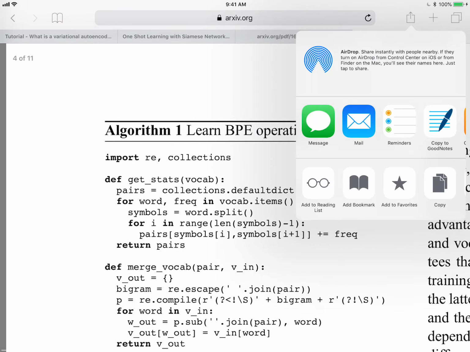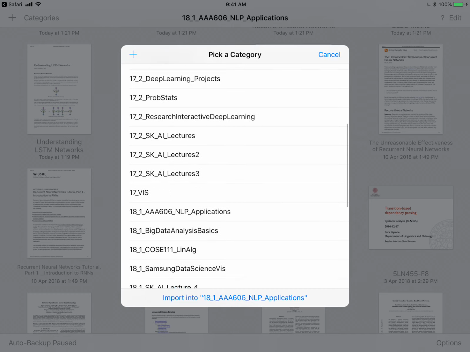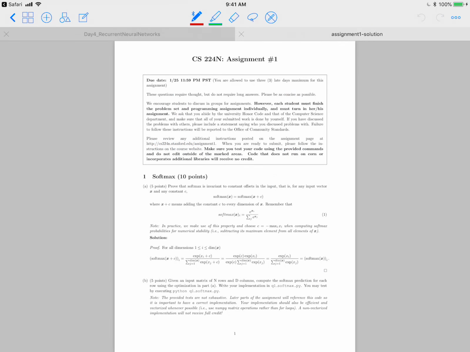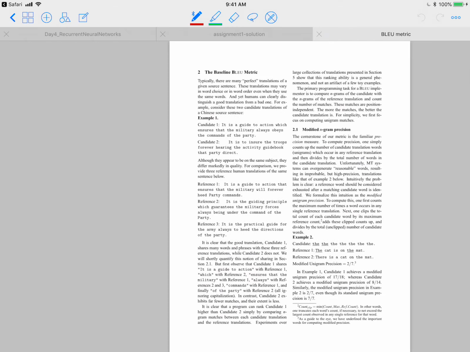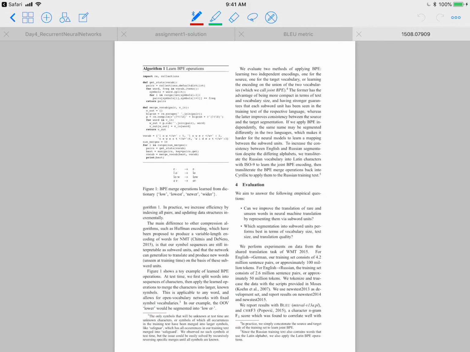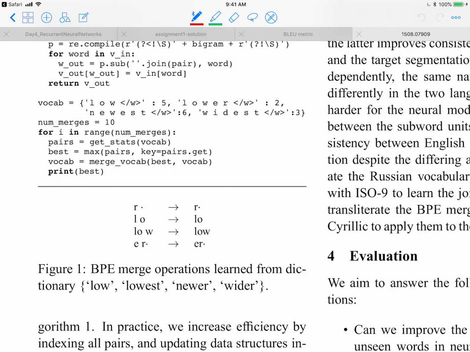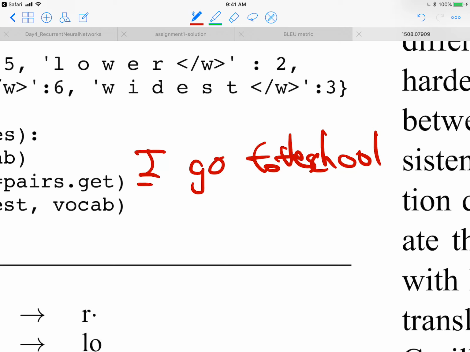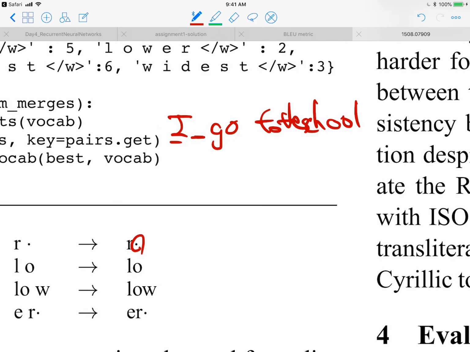Let's see, in this case, take 'I go to school'. We start with the character-level dictionary, and the space is represented as this dot, which is registered as a special character in our dictionary.